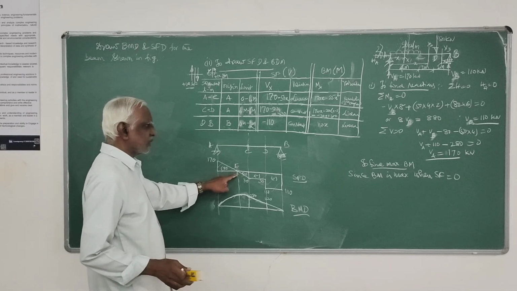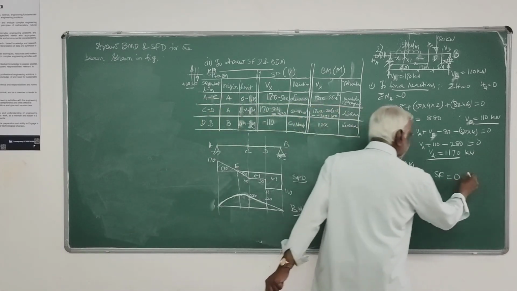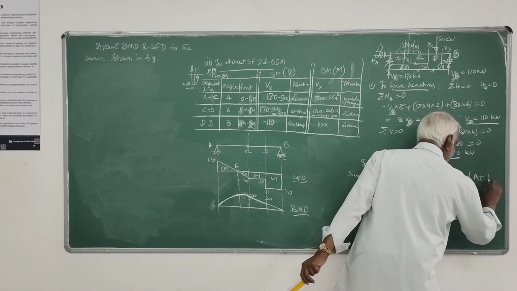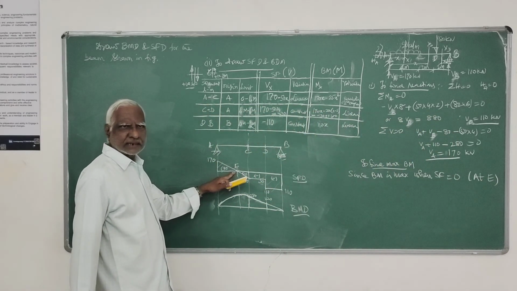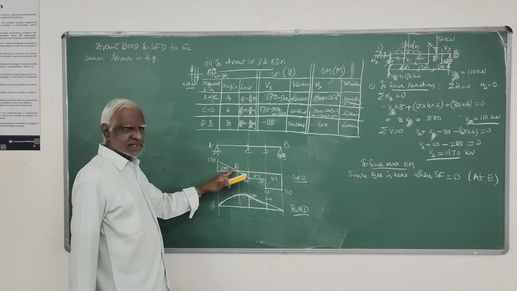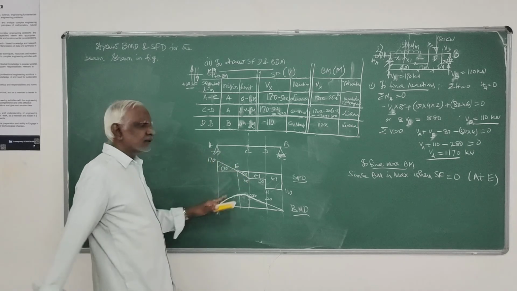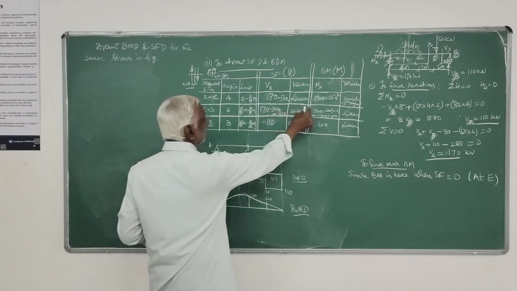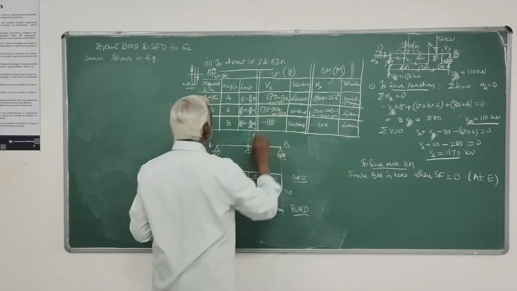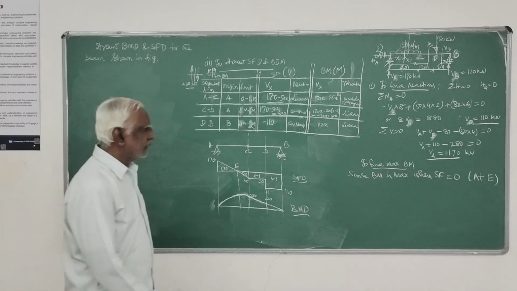Where shear force is 0, that is at E. From the shear force diagram, you can see that shear force is 0 here, at the point E. So this comes in the region AC, so you have to take the AC equation.